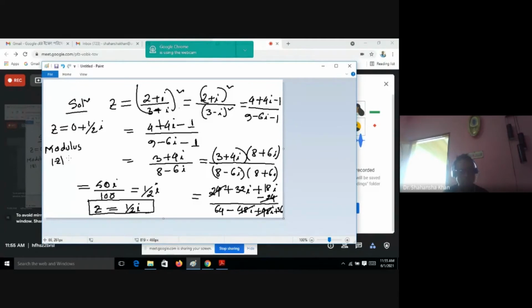Modulus of z equals, as we know from previous lectures, the square root of real part 0 squared plus imaginary part half squared. So easily the value is half. Am I right, Tanjirul? Am I right, Rokib? The modulus equals half.